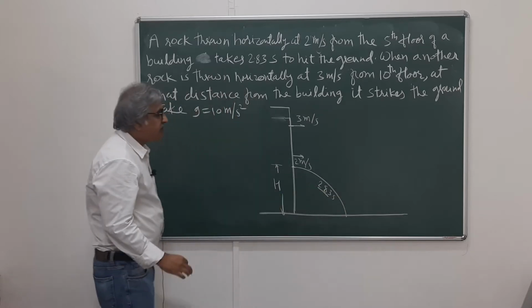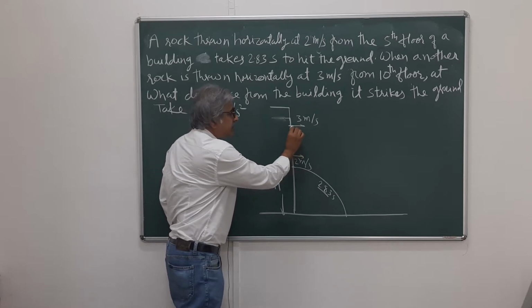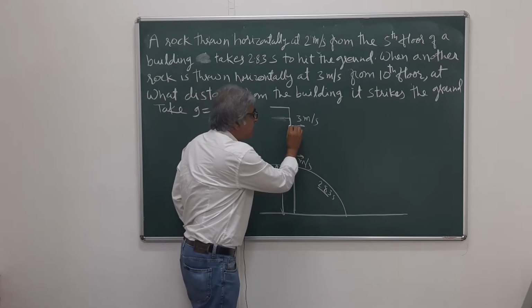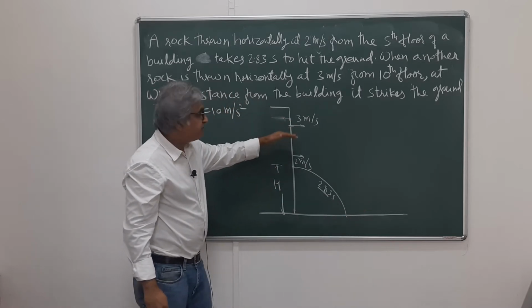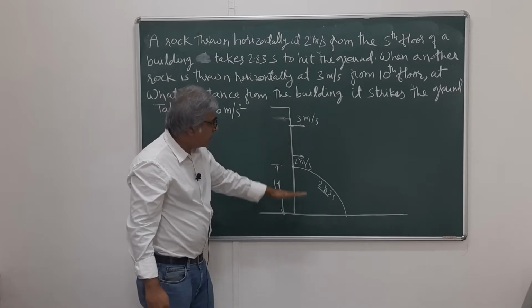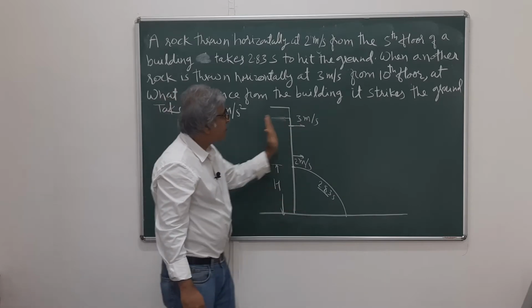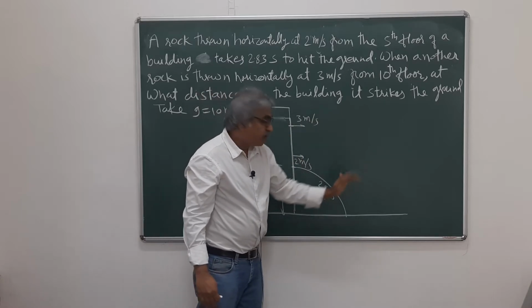One can logically say that the path of this stone is going to land further ahead, because this is from a greater height. So it's going to take a longer time to reach the ground, and it's thrown horizontally at 3 meters per second, so it's going to fall further away.